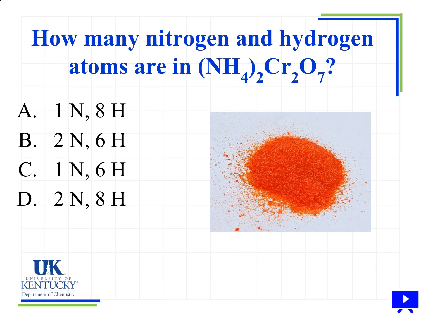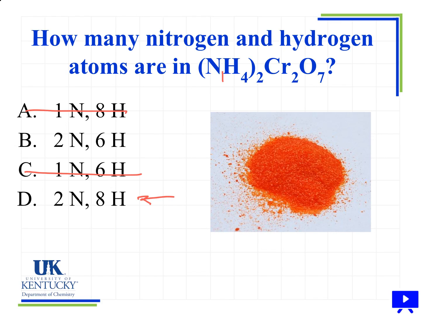It tells us we have 2 of the NH4 groups. For nitrogen, there's no subscript, which means it has a subscript of 1, but there are 2 of those NH4 groups, so that means we have 2 nitrogens. So we can eliminate answer A and C. It has 4 hydrogens, but there are 2 groups, so that's a total of 8 hydrogens. And so D is our correct answer.